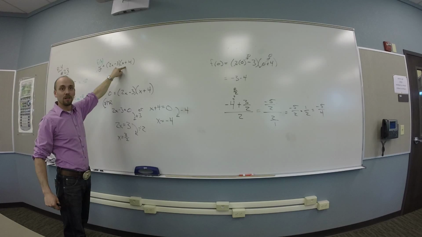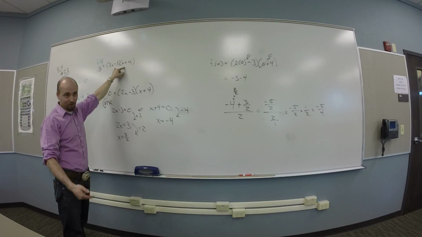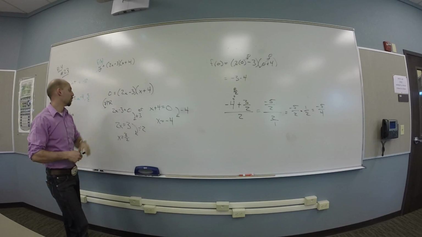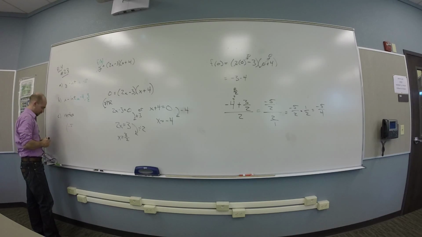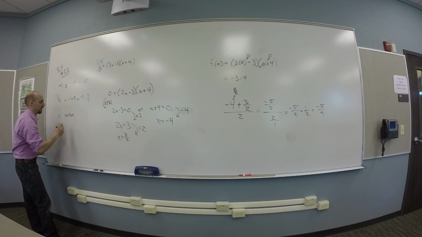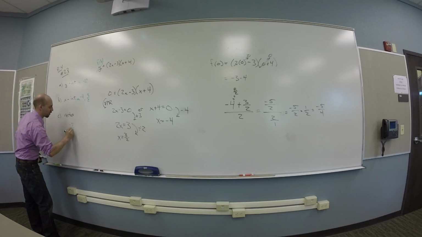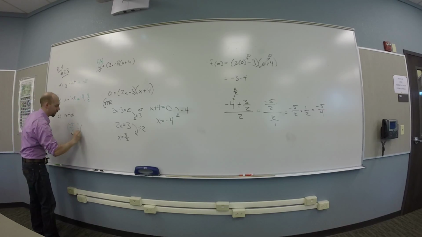I'm doing that because a point on the graph is an x comma f of x pair, right? So my vertex is going to happen at negative 5 quarters comma f of negative 5 quarters.